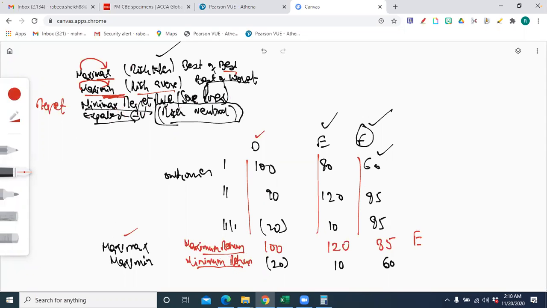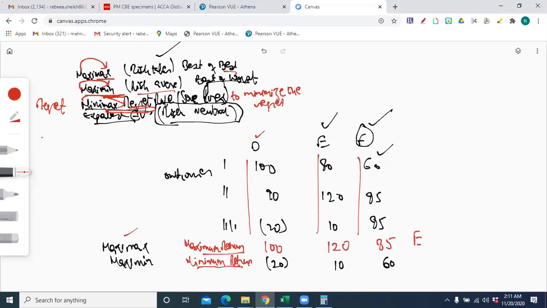What he does now is calculate the regret in all the options, then find the maximum regret for each, and choose the option that gives him the minimum regret. So the idea here is to minimize the regret. And what is the regret?